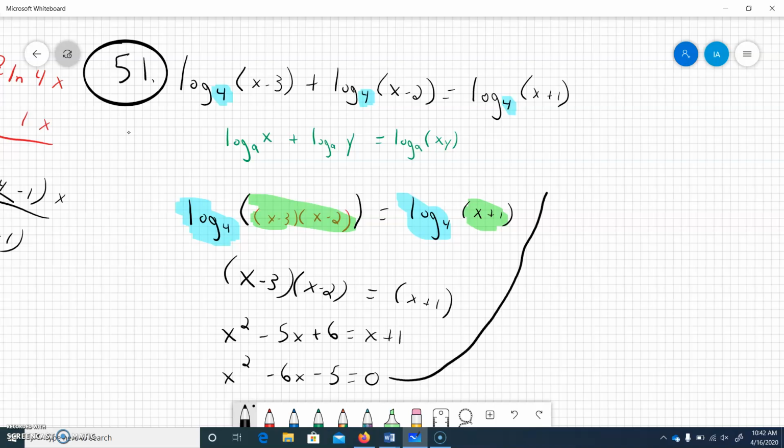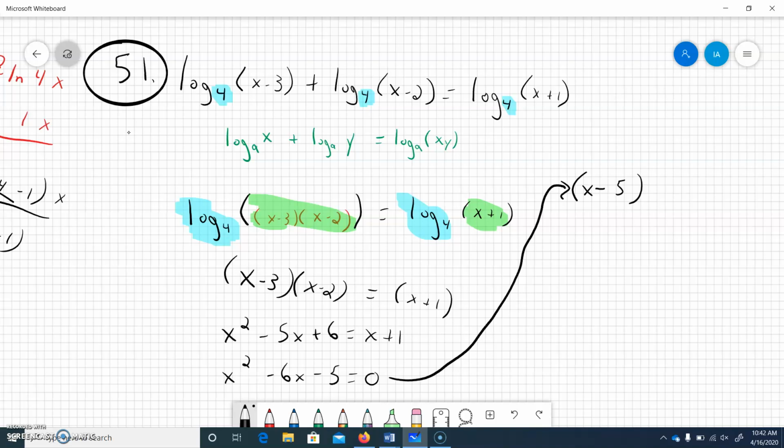At this point, I started with a log equation, and now I'm at a quadratic equation. It does factor, it looks like x minus 6, x, excuse me, that's not right. x minus, maybe that doesn't factor. Let me see. Well, it does factor.